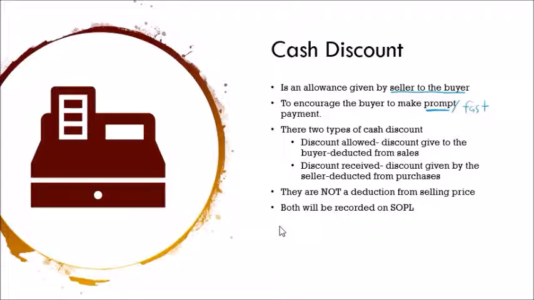There are two types of discount. First is discount allowed, discount given to buyer, deduction from sales. So this is important, deduction from sales. So discount received is given by seller, deduction in purchase.